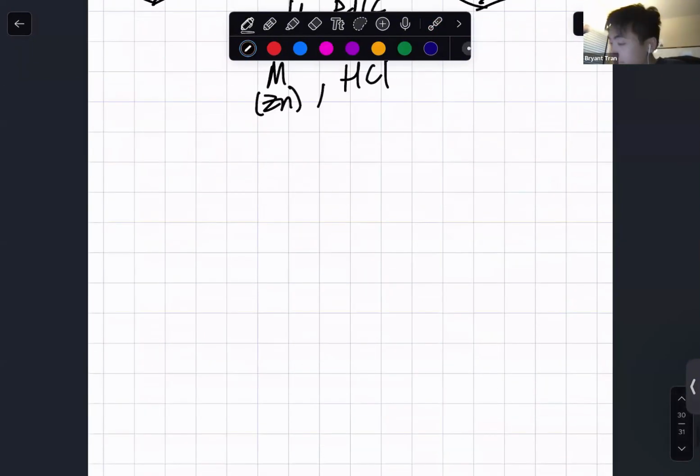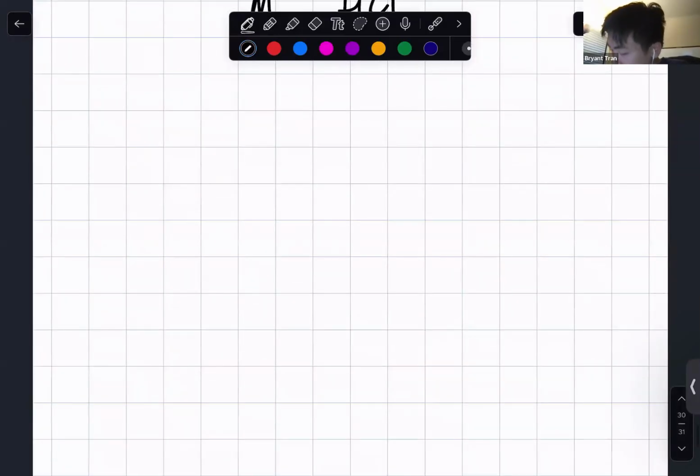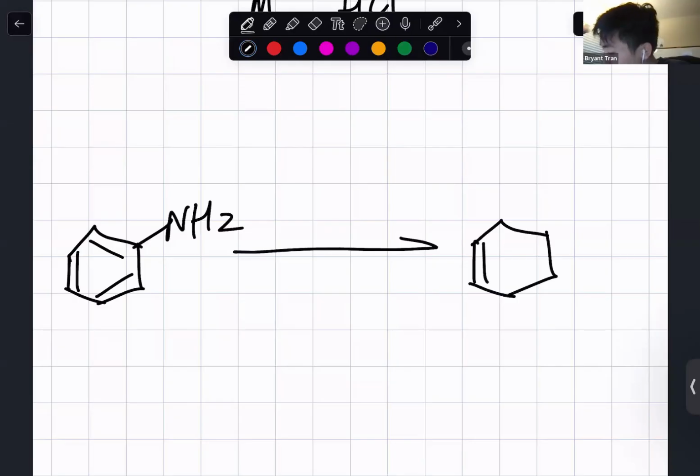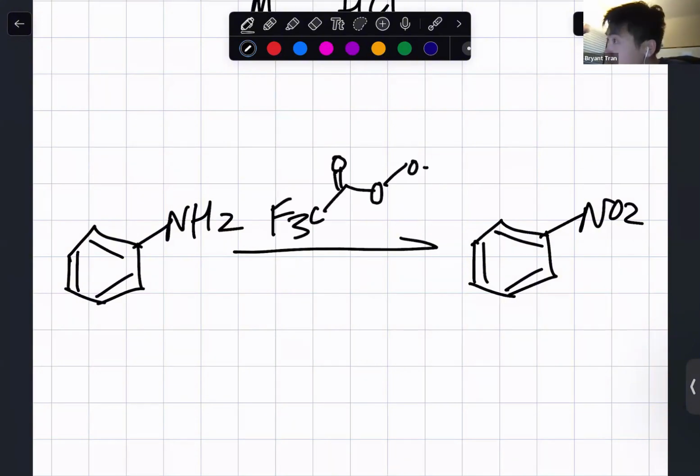Okay, now if you have aniline, NH2, which is an EDG, and you want to make it into an EWG, NO2, strong EDG to strong EWG, you could use a peroxy acid like this right here.